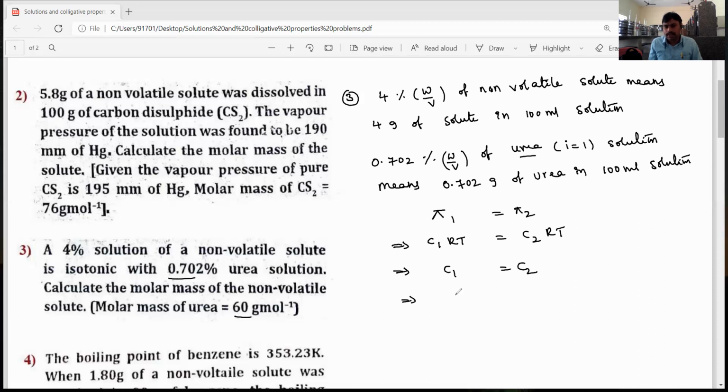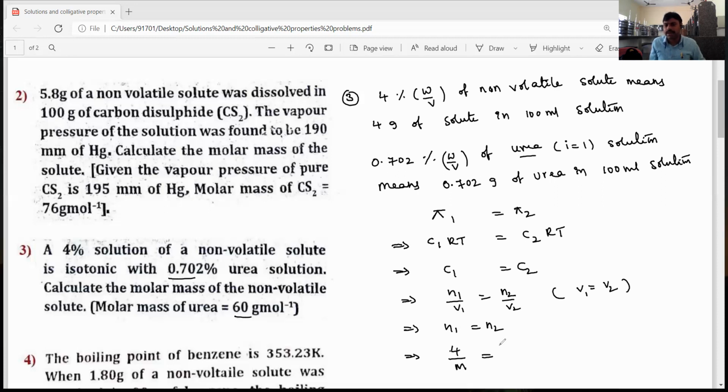Then C1 is nothing but n1 by V1 is equal to n2 by V2, and V1 is equal to V2 also, because the volume is 100 ml. Therefore n1 is equal to n2. So n1 is nothing but weight by gram molecular weight. The weight of the non-volatile solute, dear students: 4% means 4 grams, by gram molecular weight.